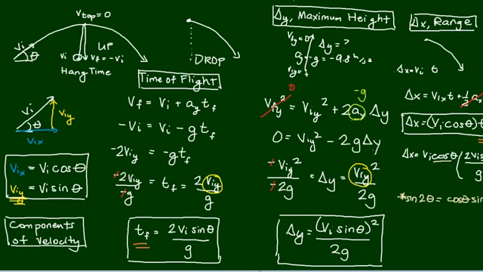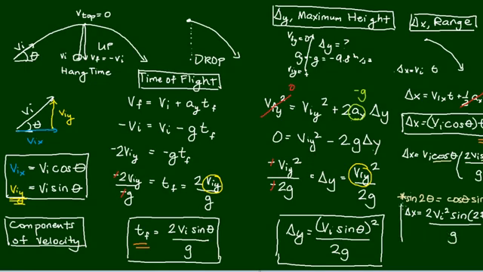Okay, so if we simplify this down further, let me just rearrange it a bit. So that's delta x is equal to, we have the 2 on one side. We know that vi times vi is vi squared. And we have cosine theta times sine of theta. That simplifies to sine of 2 theta, that's a double angle, over g.